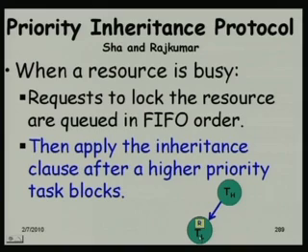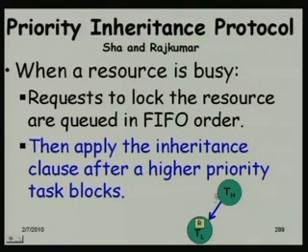Then TL was executing again, and then TH, a higher priority task, started executing because at that time it did not need the resource, and it continued up till the point it requested the resource R, and at that time it blocked, and there will be two tasks waiting for the resource R.